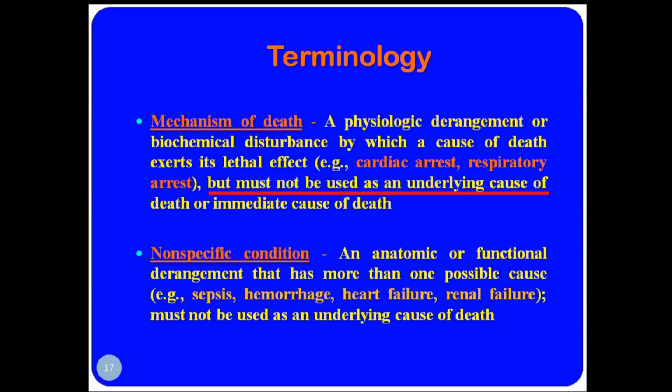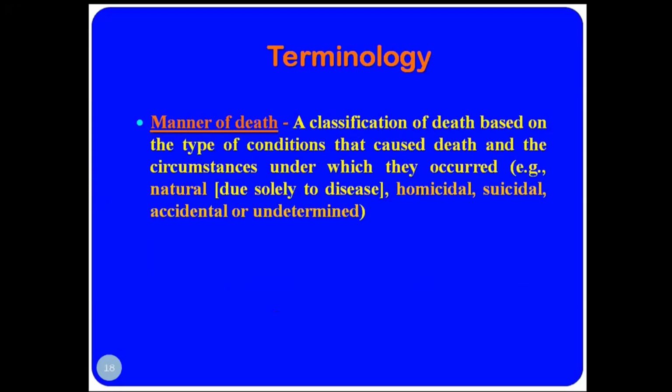So what you have to understand is that there is an underlying cause which has to be very specific. Then there are a few antecedent causes of death, and then ultimately the immediate cause of death. Mechanisms of death and non-specific conditions are to be avoided as far as possible. Then manner of death. This is very clearly written in all the certificates, and we know whether it is homicidal, suicidal, accidental, or undetermined.